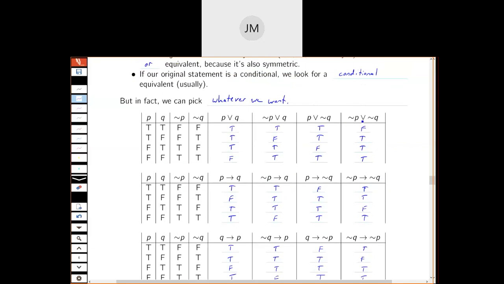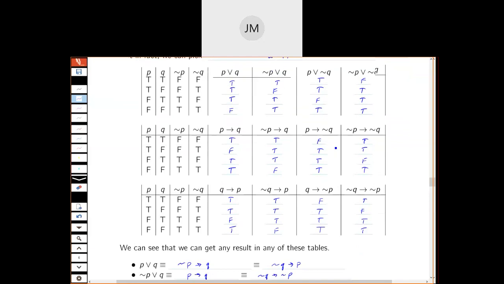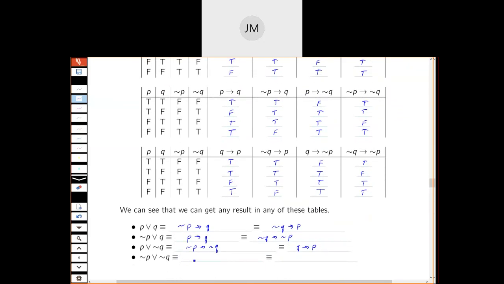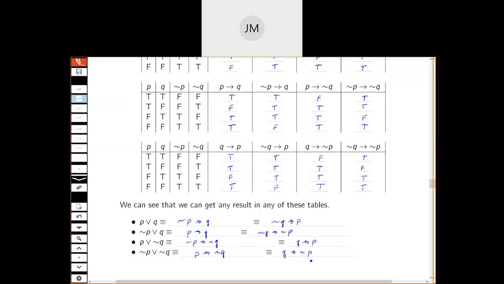And finally, not P or not Q has a false in the 1st spot. If P, then not Q has a false in the 1st spot. If Q, then not P has a false in the 1st spot. So we have a bunch of equivalencies here.